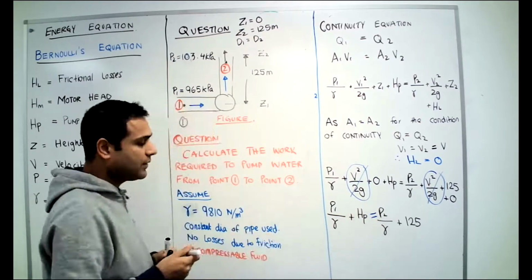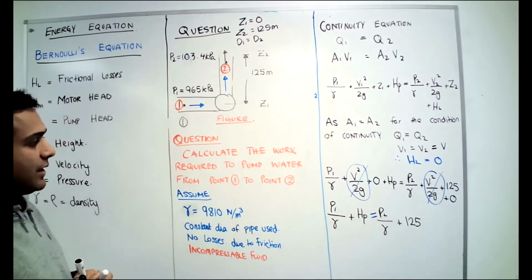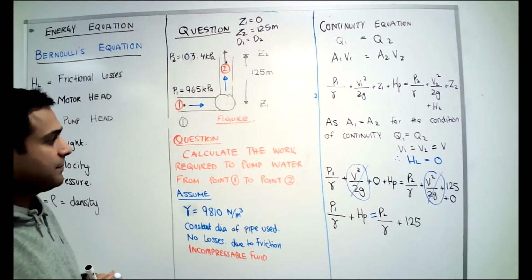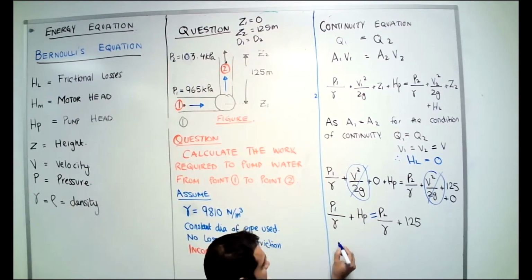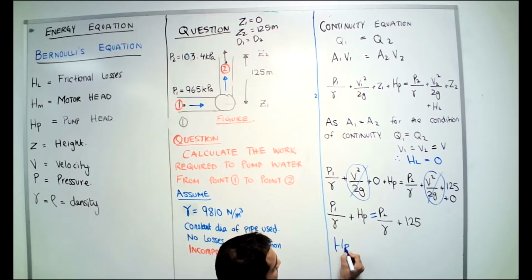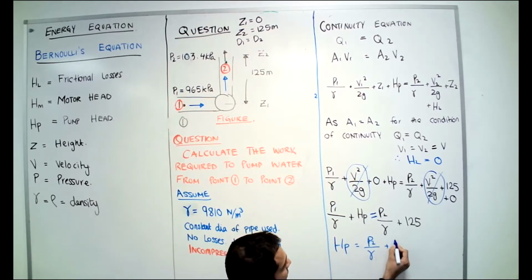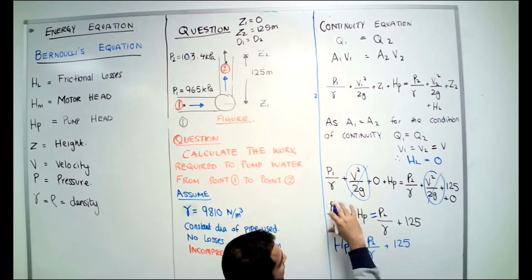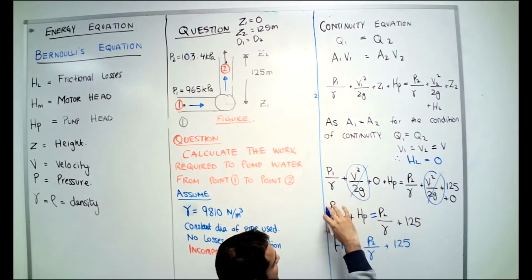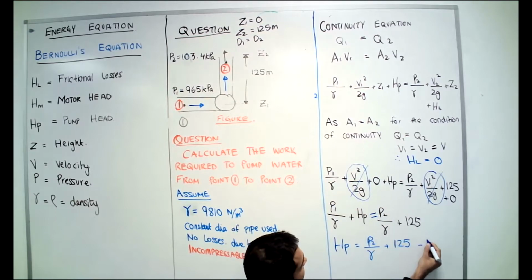Now I can make the HP the subject. So the HP is equal to P2 over gamma plus 125 minus P1 over gamma. It's a positive here. When it moves to that side, that becomes a negative.